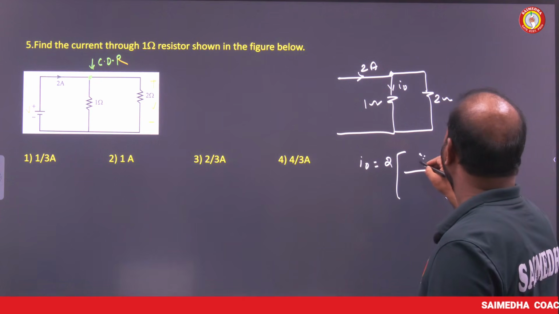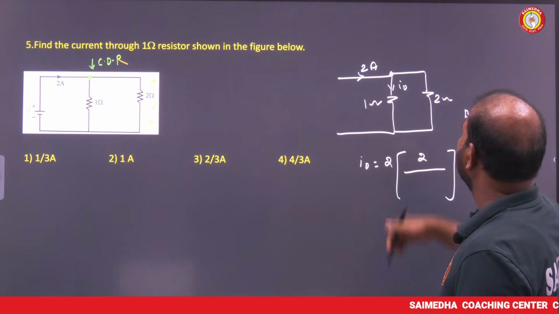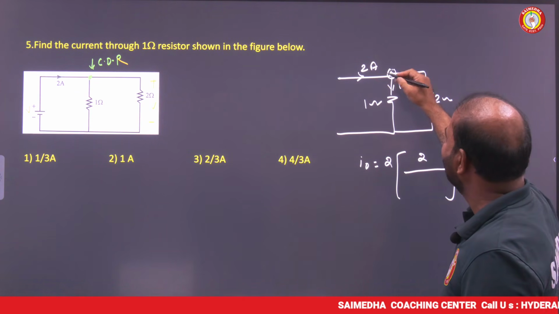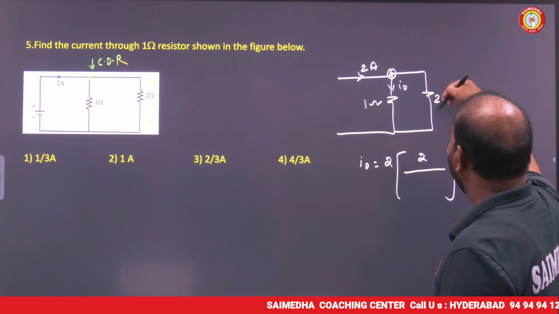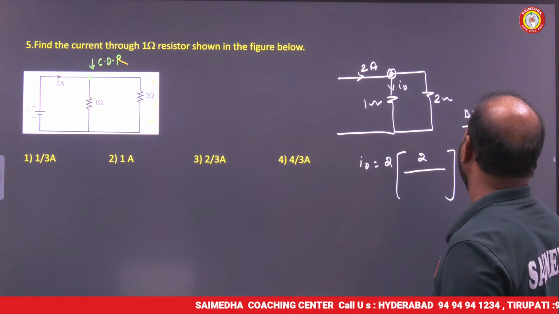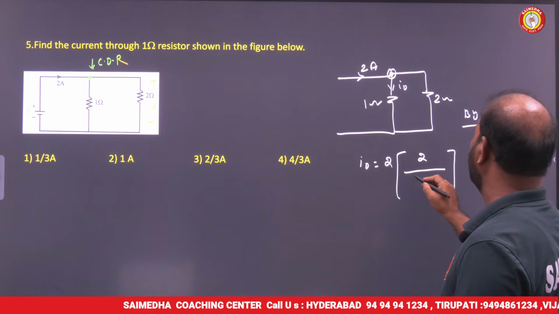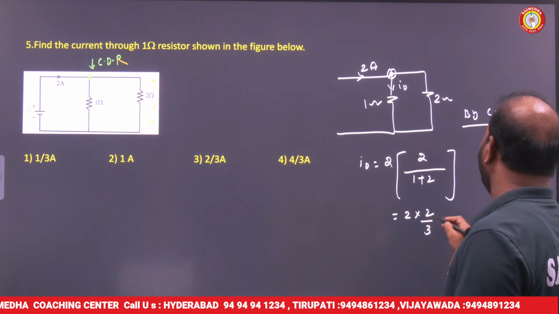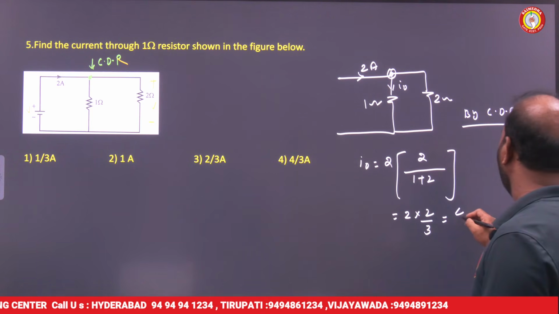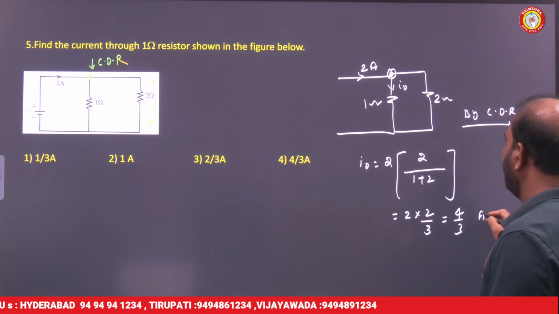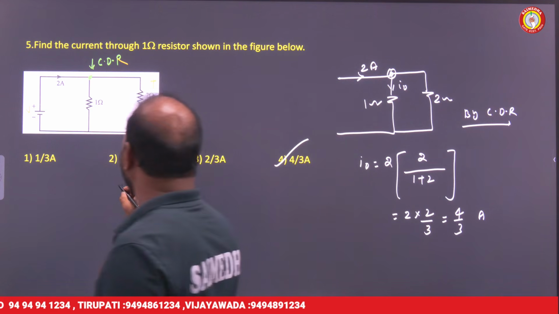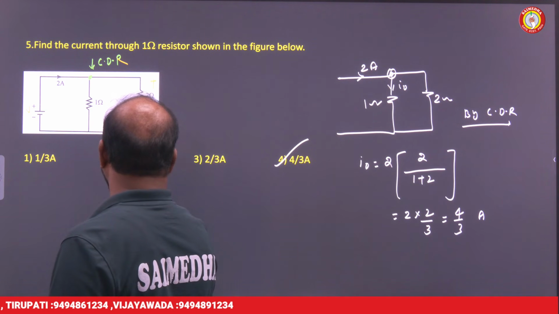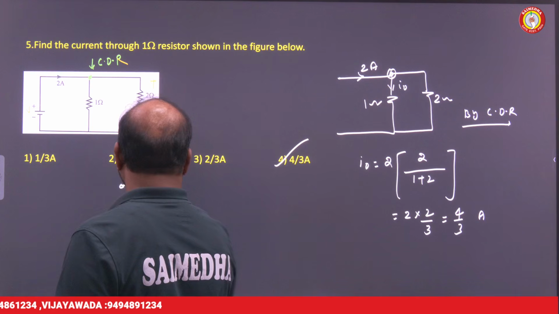So I naught is equal to 2 into 2 by the sum of the two resistors, 1 plus 2. So 2 into 2 by 3, which is 4 by 3 amperes.